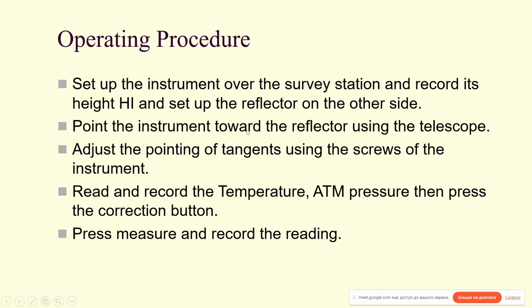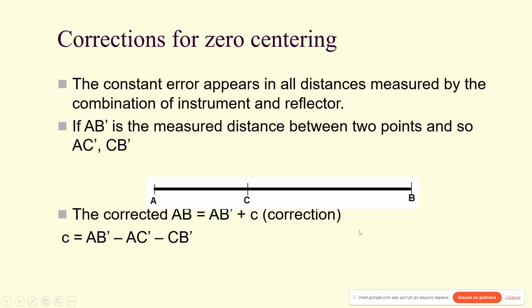Point the instrument towards the reflector using the telescope. Adjust the pointing of tangents using the screws of the instrument. Read and record the temperature and atmospheric pressure, then press the correction button. Press measure and record the reading. And this is all.